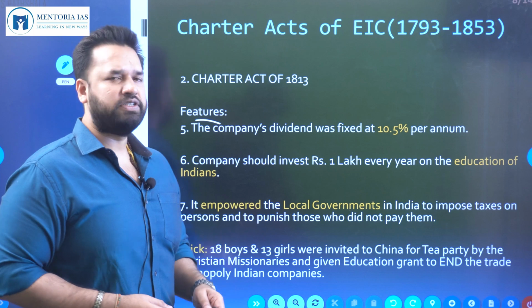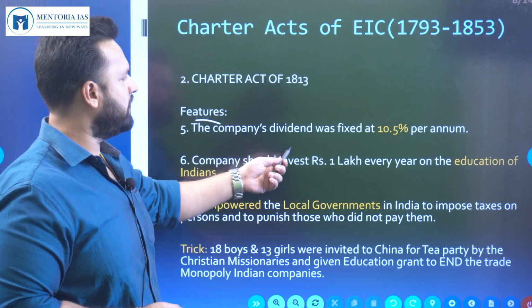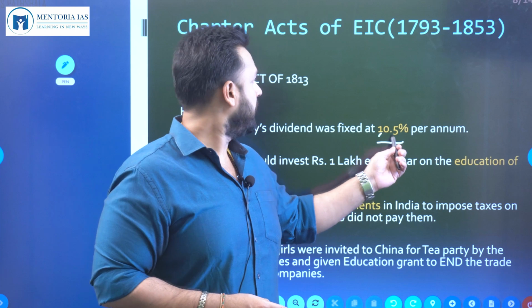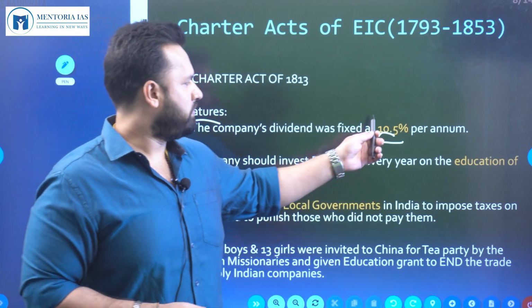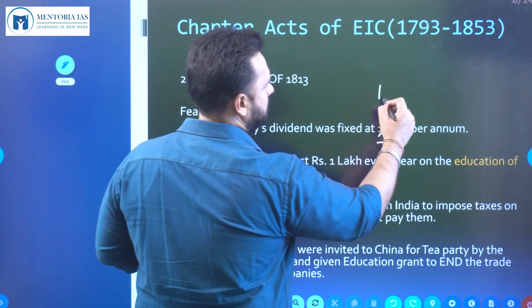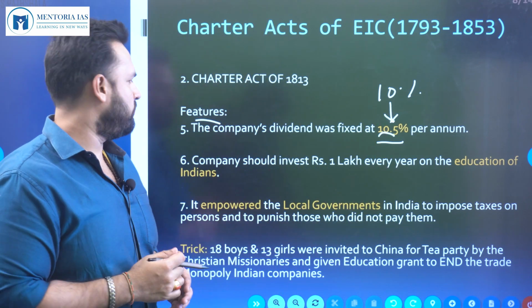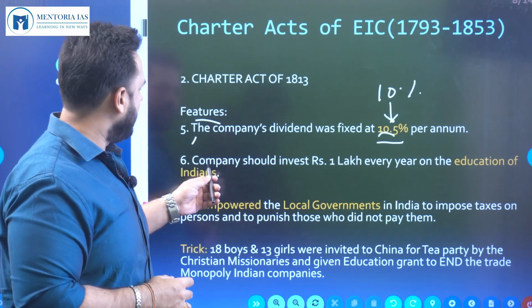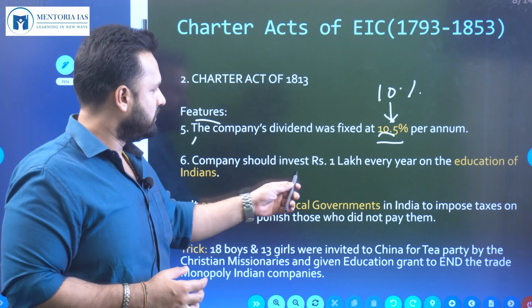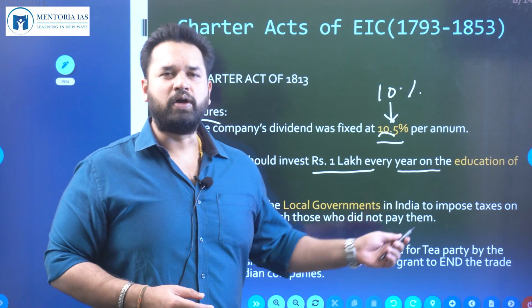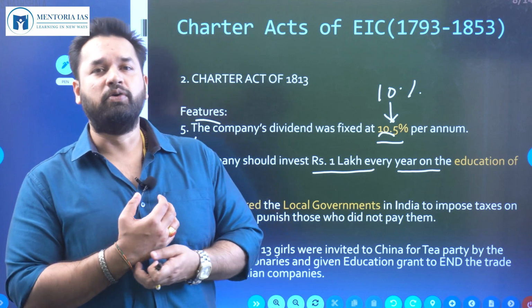The next feature was that the company's dividend was increased from 10% to 10.5%. That means it is going to take some more money from somewhere, right? And then it said the company should invest rupees 1 lakh every year for the education of Indians. Coming to education, earlier we had the Gurukul system.